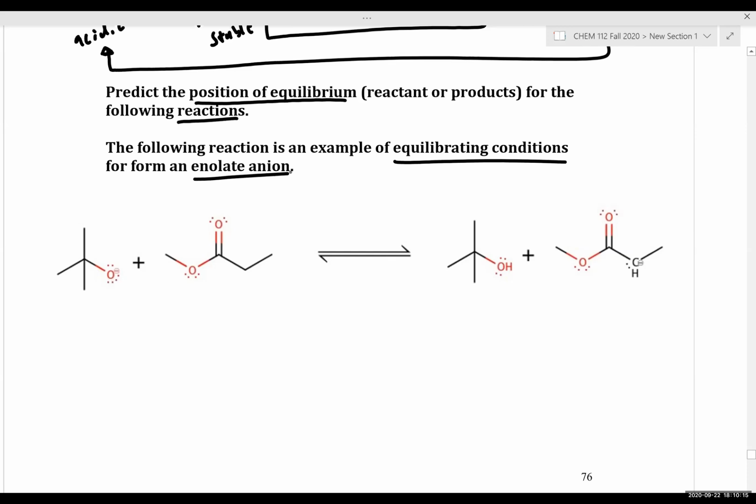So I'd like you to consider the pKa values of each of our protons, consider the relative stability of your base and conjugate base, and tell me which of these species is more acidic, and in turn, where does the equilibrium lie?